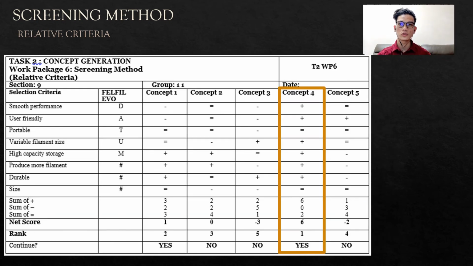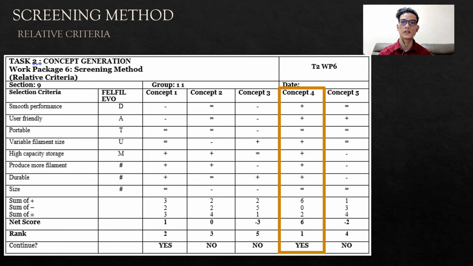Next, moving on to the next screening method, which is the relative criteria. We have used the Fairfield Evo as our datum concept because it is the most favorable concept in the market that we have found. We found that concept 4 has the highest sum of positives and the least number of negatives compared to the other concepts by a bigger margin, as we can see here in the slides.